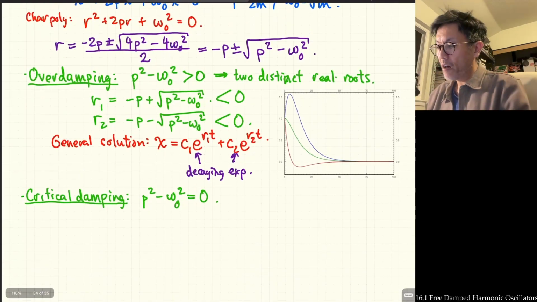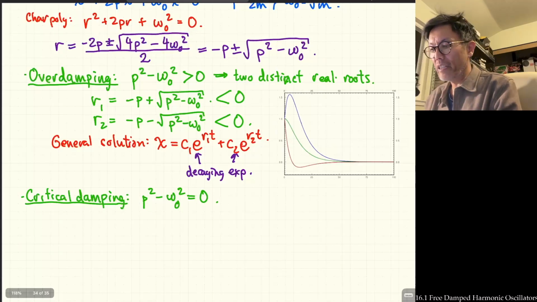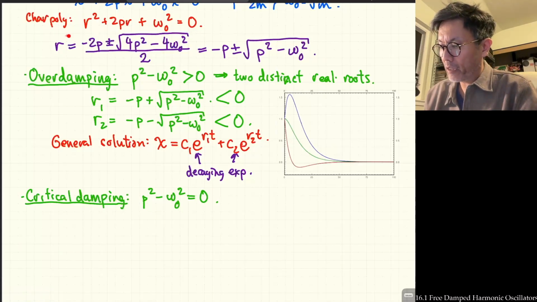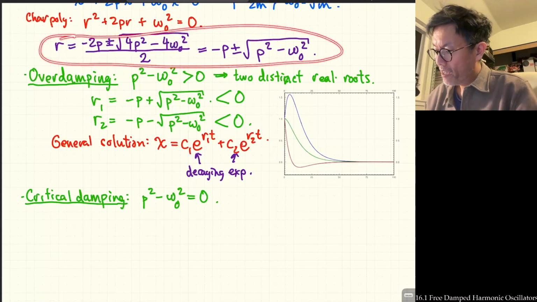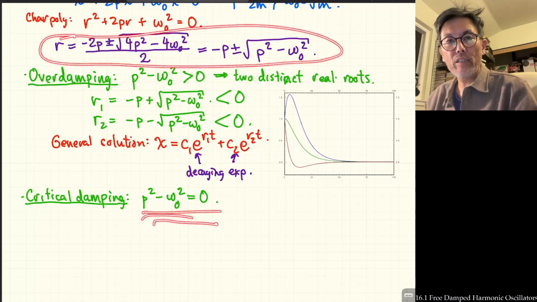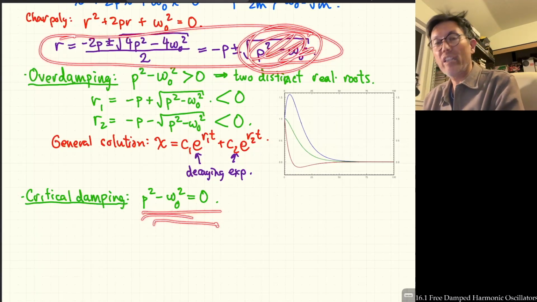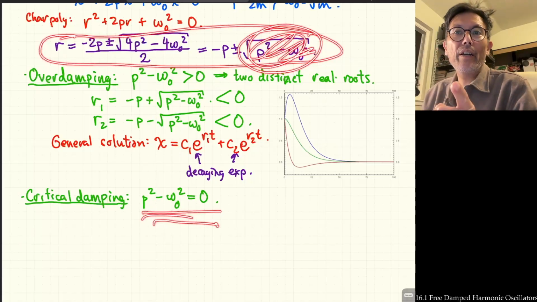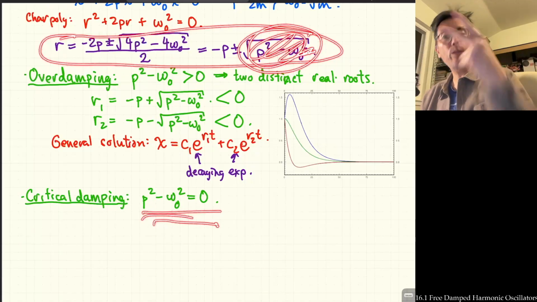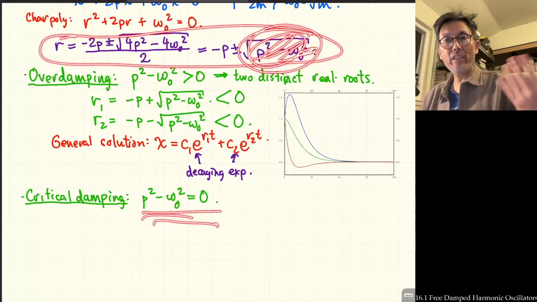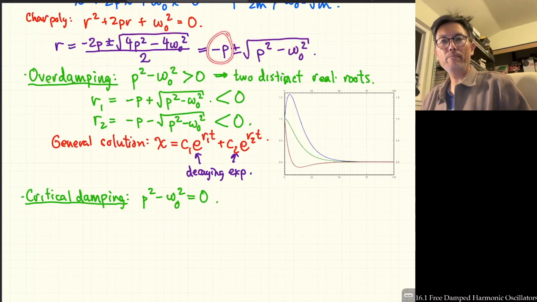Because what we see here is that the roots of our characteristic polynomial, if p squared minus omega naught squared is 0, then this whole term right here dies. And what we're left with is what's called a repeated root. Now we have the terminology. It's a root of multiplicity 2. And what is that root? It's negative p.